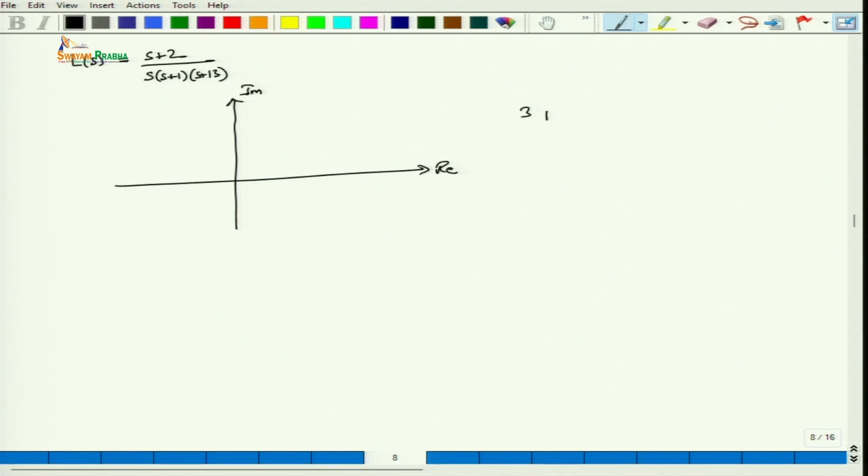So we basically now have 3 poles and 3 branches to go to infinity.